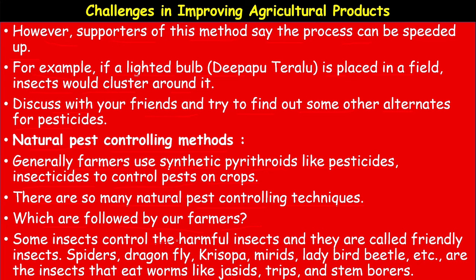Some insects control the harmful insects, and they are called friendly insects. Insects like spiders, dragonfly, chrysopa, mirids, ladybird beetle, etc., eat worm-like jassids, thrips, and stem borers. This is the natural method of using natural enemies.